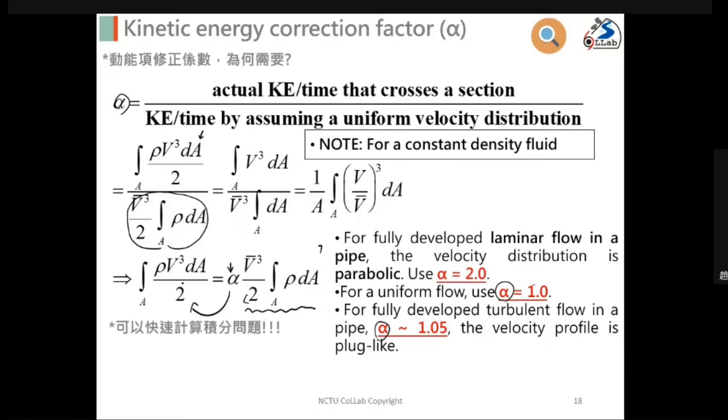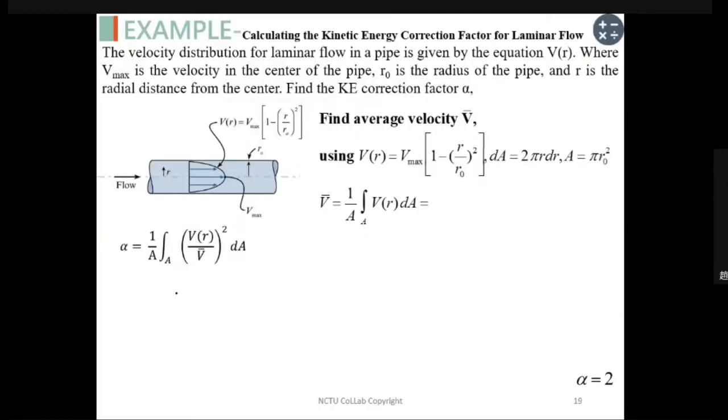We just take the velocity as a constant, take it outside, and then multiply by the correction factor to compute the original integration that we need. Okay, so the exercise shows one example of how to compute the alpha value by yourself.